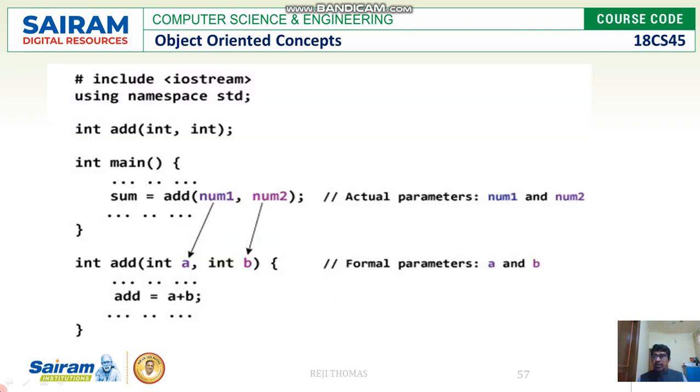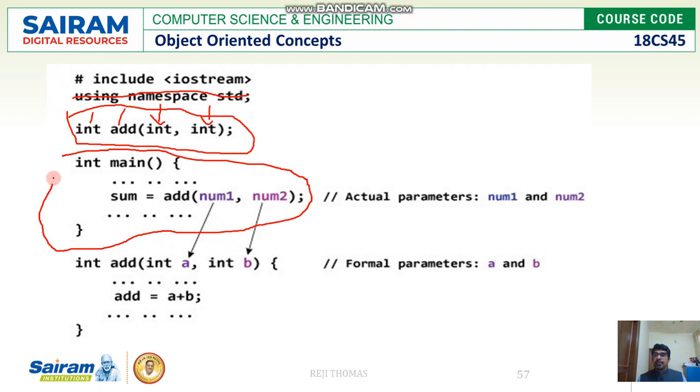So let us see a small example for this. Forget about the first line, this is not there. This is what we are talking about. Everything is here. We have the return type, your function name, and these are the types for the formal arguments, and this is your main function, where you have the function call.